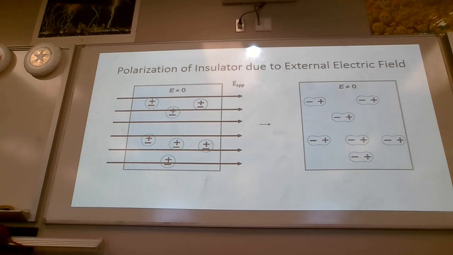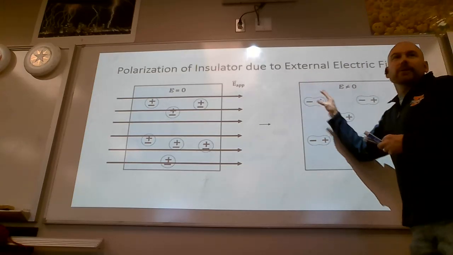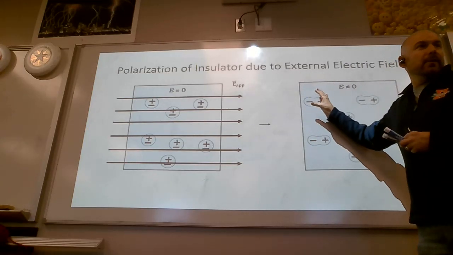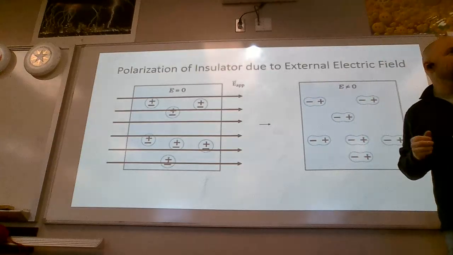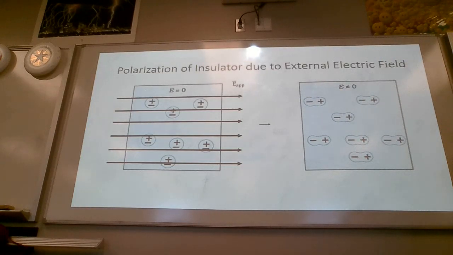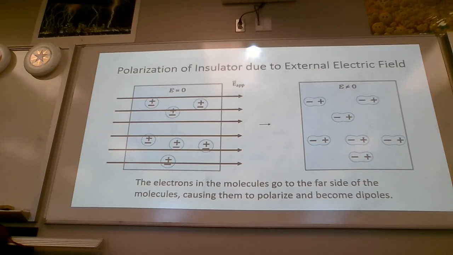It's like, I've got my 8, stop messing with me. But it responds within the molecule. So the electron cloud is shifted over here rather than just being centered. Does that make sense? So the molecules themselves polarize.